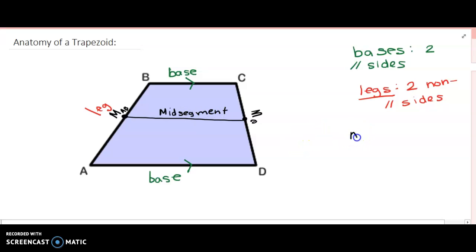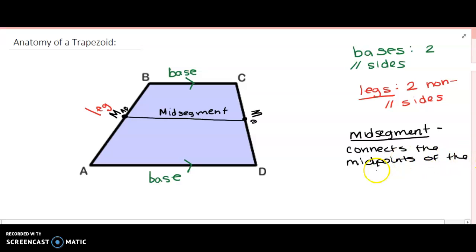So the mid-segment connects the midpoints of the 2 legs. So you have one mid-segment and it's halfway between the 2 bases.